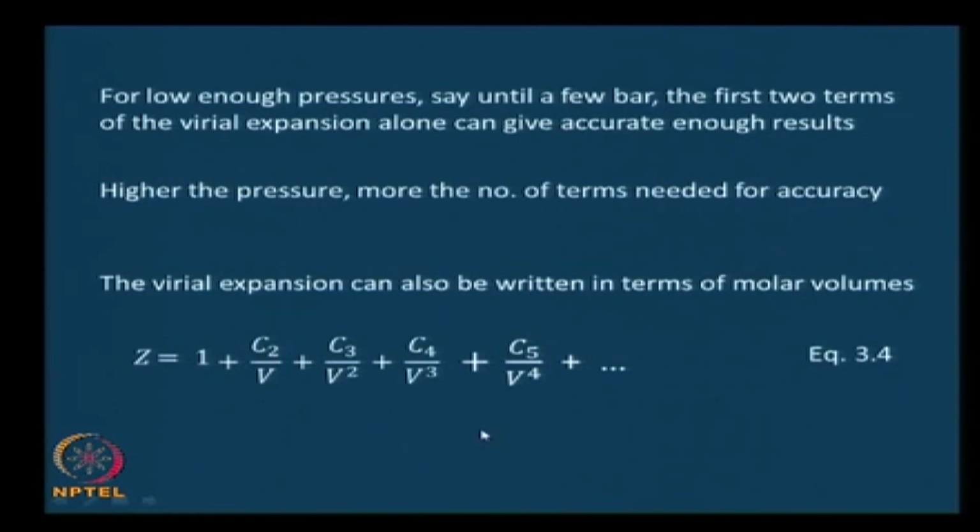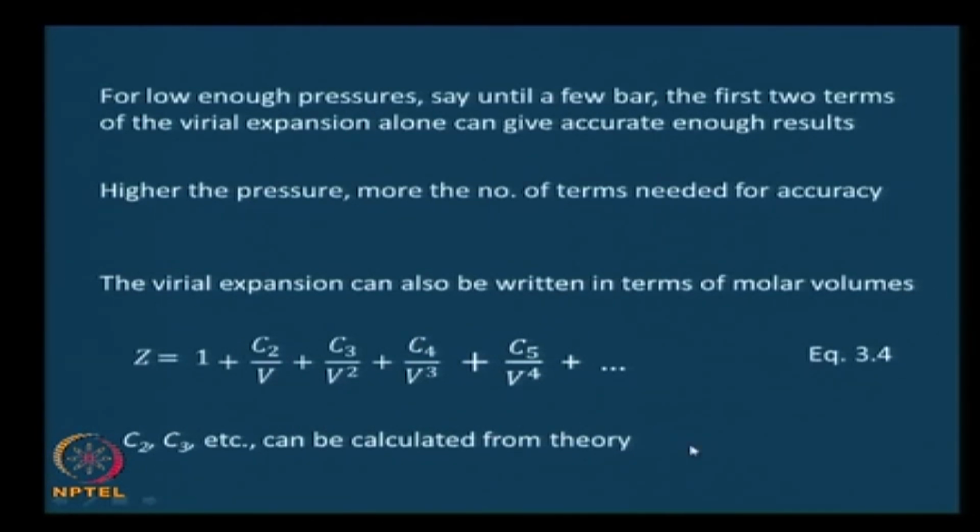This is a power series expansion in V or 1 by V, and we will call this equation 3.4. C2, C3 and so on can also be calculated from theory, similar to the calculation of B2, B3 and so on.